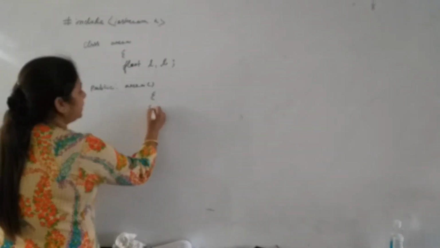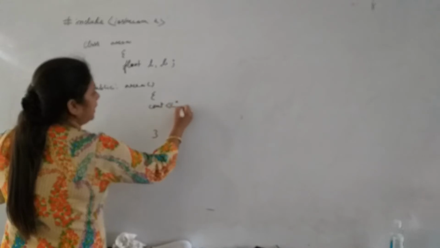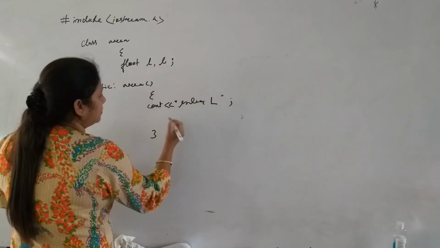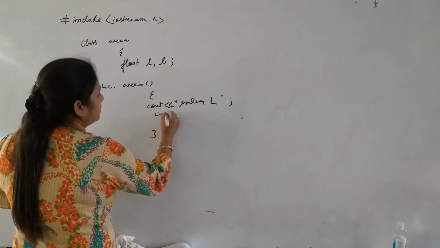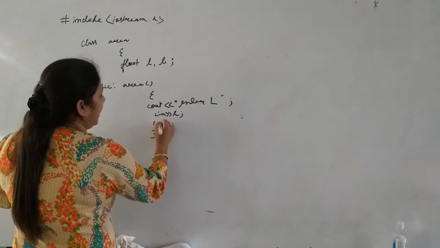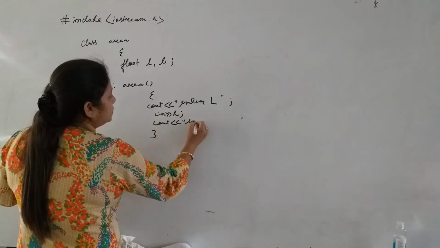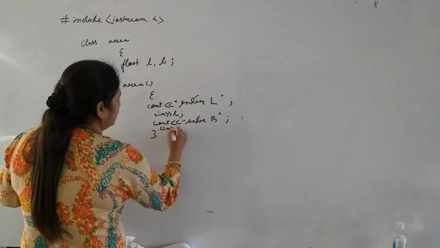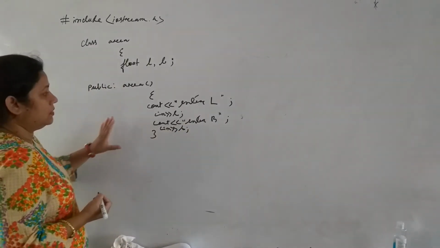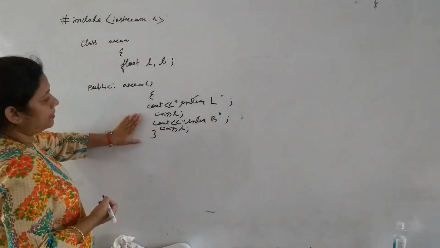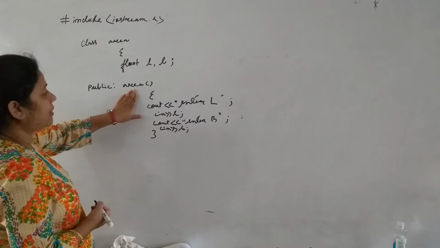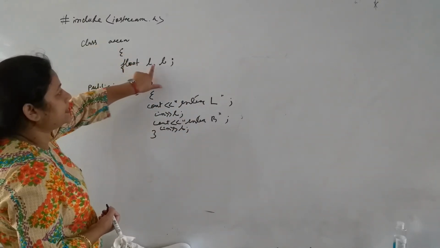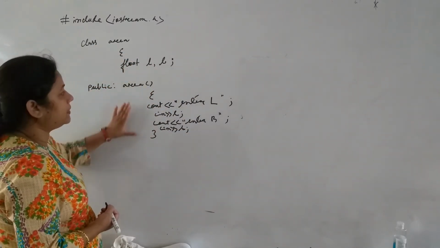So here I write cout enter length, I write it shortly, so cin L, then again write cout B for breadth, then cin B. Okay, so look here, I give the responsibility to the constructor function, that is the area, to enter the legal data members of the class area, that is length and breadth. So this is the body of the constructor function.